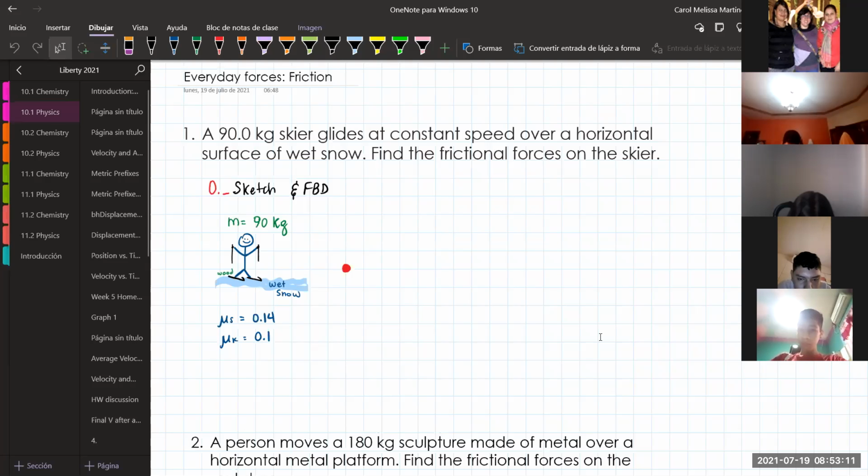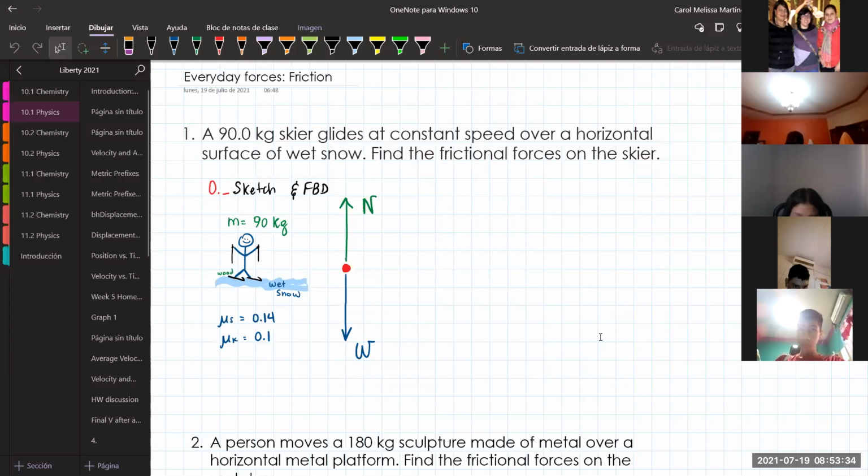It doesn't matter the kind of surface, it just matters that it's on a surface. So I will have my normal force up like this. And down, I will always have my weight, okay?